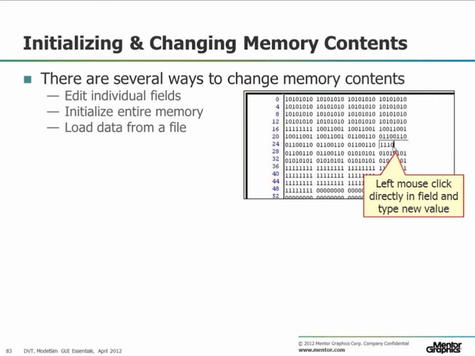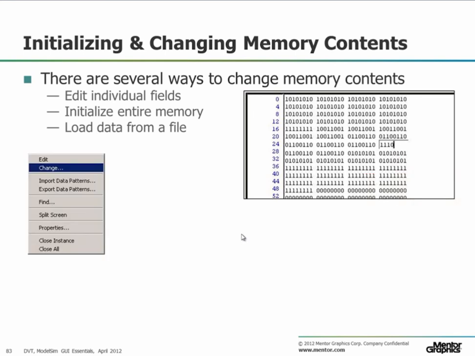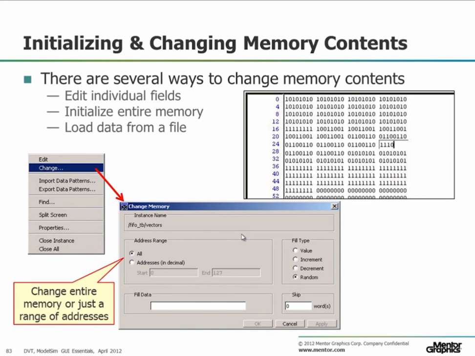I can go in and poke any memory location. I can just select that memory location, and write whatever I want into that particular location. So that's good for doing individual addresses. If I want to change the entire contents of the memory, I can right-click and say Change, and that brings up this menu that allows me to say, over the entire address range, let's put in a particular value, an incrementing value, or a random value.